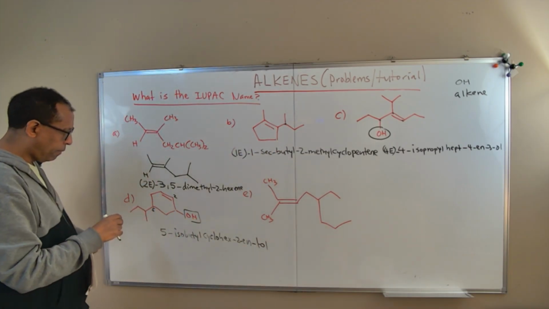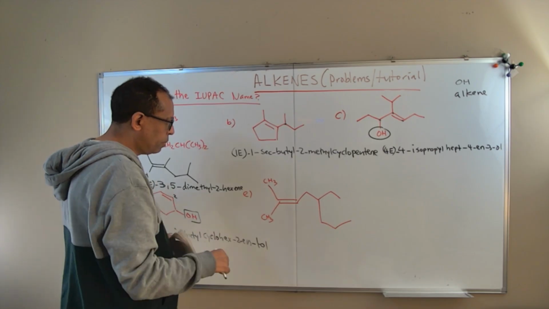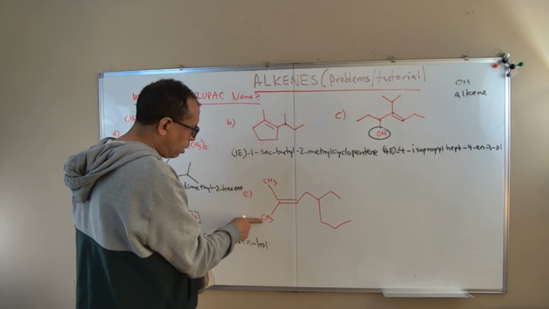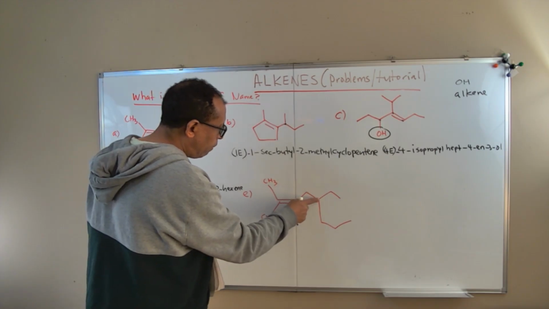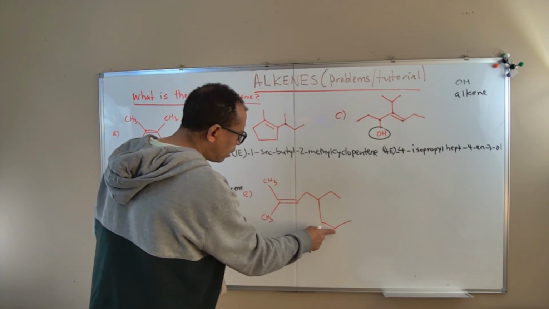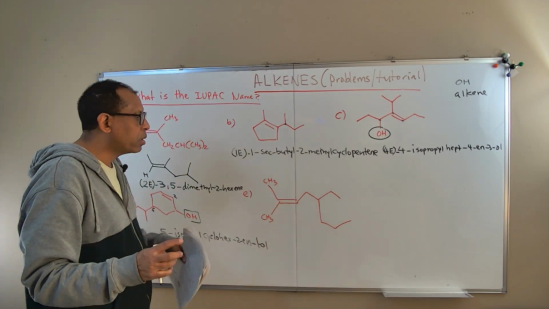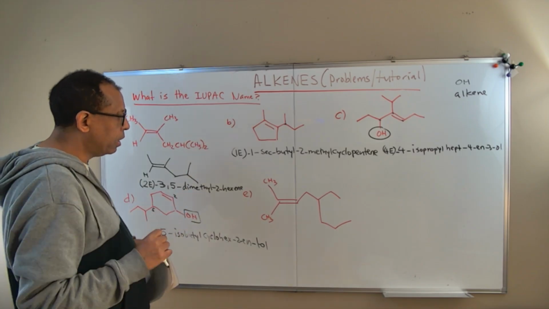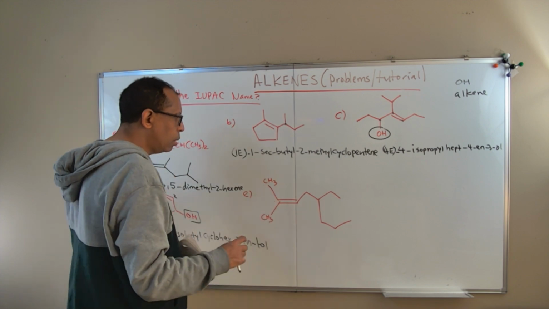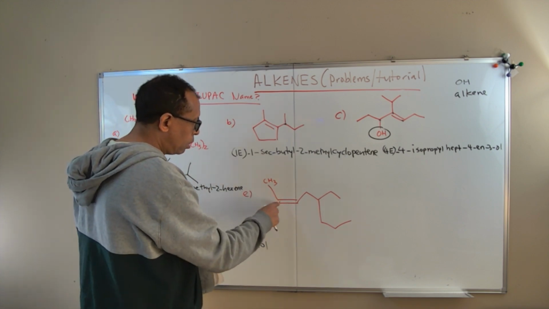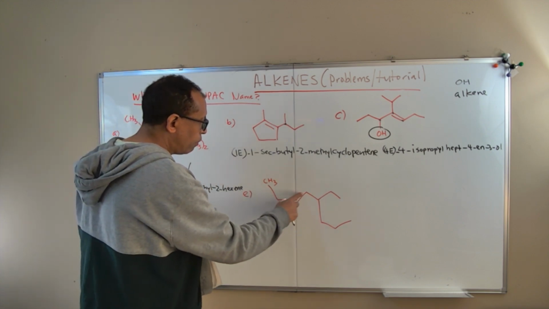And if we were to do this one, if you count here, 1, 2, 3, 4, 5, 6, 7, 8. This is an octene, obviously. At the 2 position I have a methyl, 2, 3, 4, 5 position.